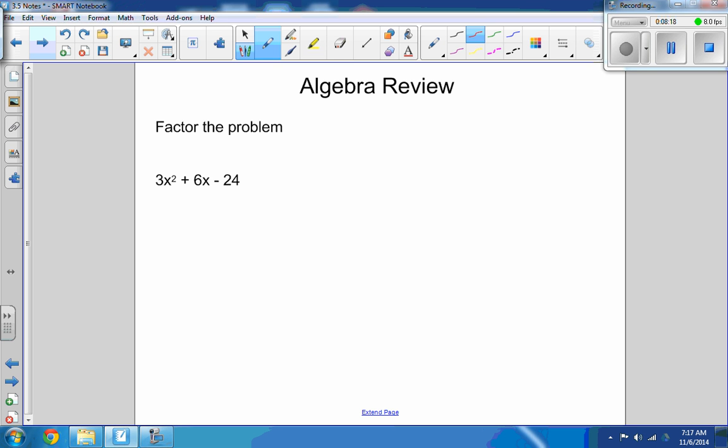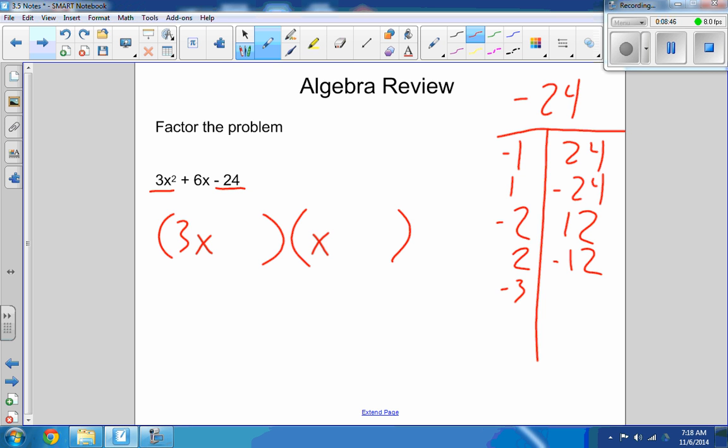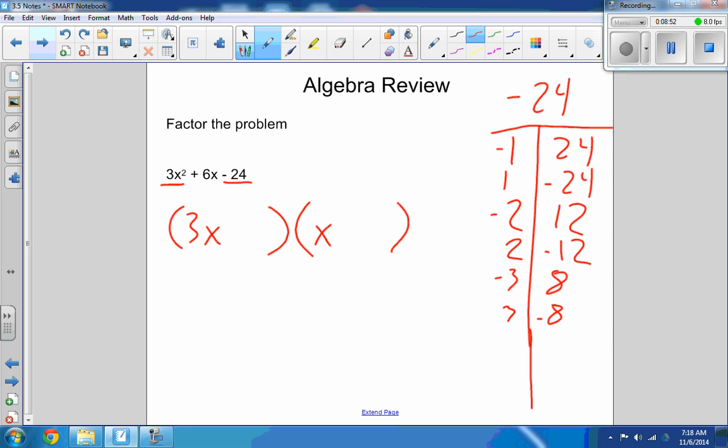Let's do another one. It's 3 times something, 3x plus something or minus something, x something. Negative 24, let's factor that. So that's negative 1, 24, or 1, negative 24. We also will have negative 2, 12, or 2, negative 12. 3 will go into that, so it's negative 3, 8, or 3, negative 8. 4 goes into it, so negative 4, 6, or 4, negative 6.